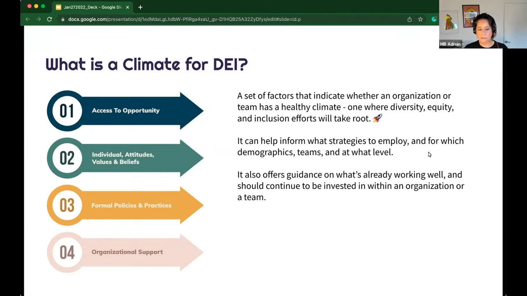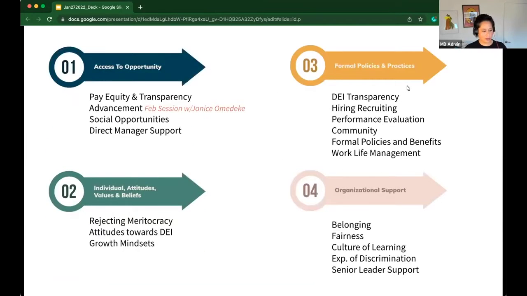And so we've created a survey, and we've created sort of a high level framework for the things that indicate whether DE&I is going to be successful. And we measure these roughly 20 things across these four big buckets.